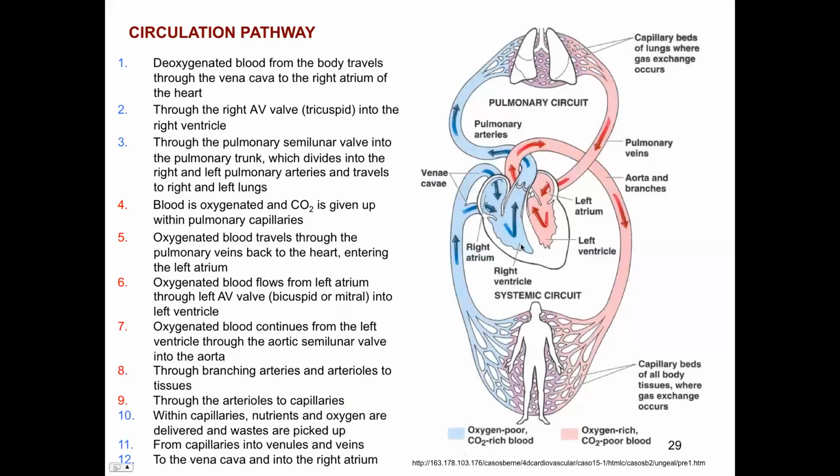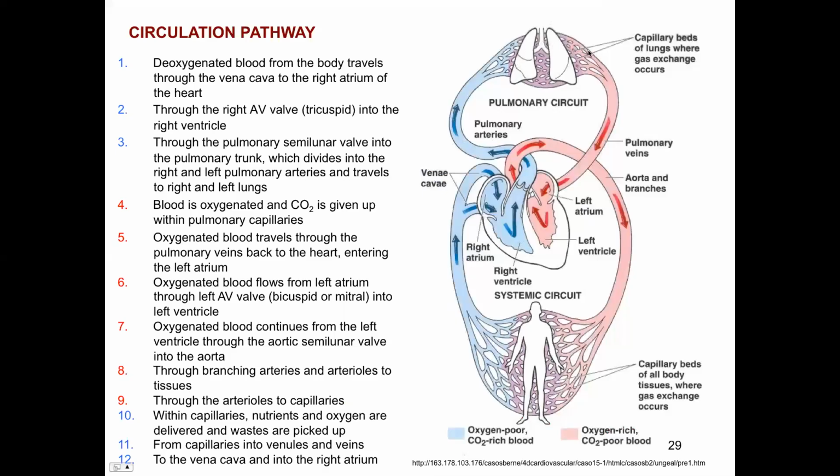And then when the right ventricle contracts, the blood is going to pass through the pulmonary valve and flow through the pulmonary arteries. So first we have the pulmonary trunk, but we go to the pulmonary arteries to the lungs, where we will pick up oxygen, all right?